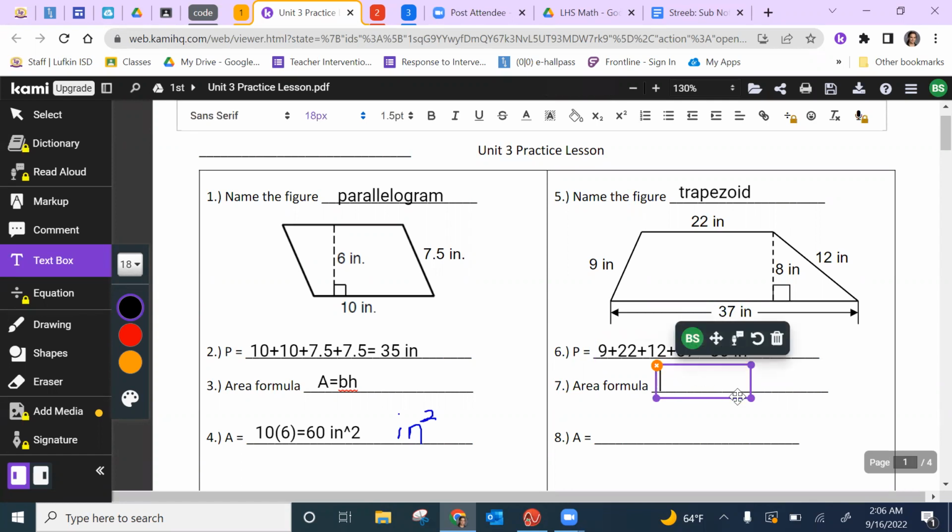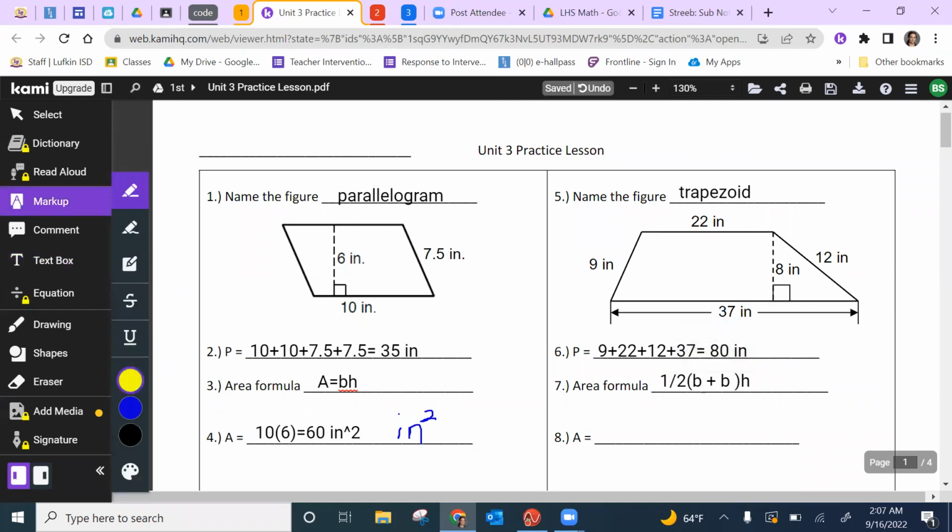Then we're looking at area. So area is 1/2 base 1 plus base 2 times our height. This is the same as a fraction that looks like this.